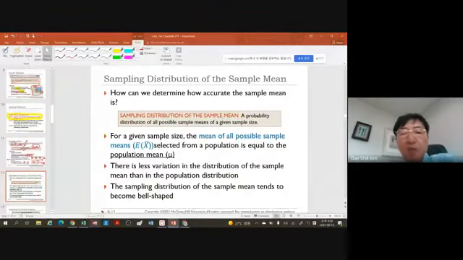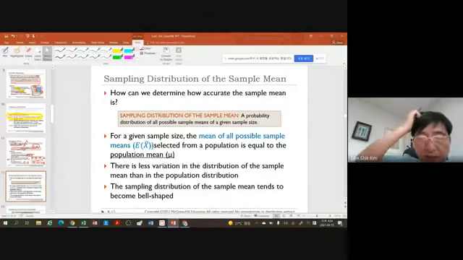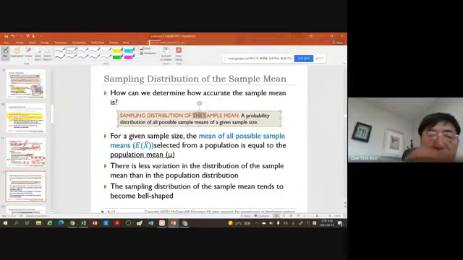Now, how can we determine how accurate the sample mean is? If mu is unknown, we will estimate it based on x bar. So accuracy of the sample mean is our concern. Then sample mean, you need to read carefully. Sample mean x bar.